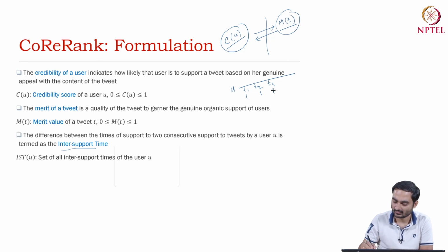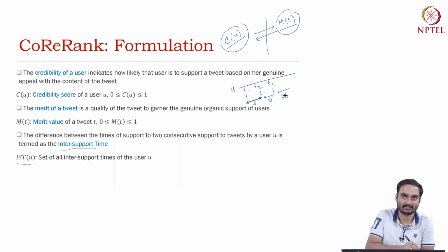So for every consecutive retweets, we can identify the time difference. IST is the inter-support time. Inter-support time is the time duration between two consecutive retweets, say 4 minutes, 10 minutes, 24 minutes and so on. This is basically a set.